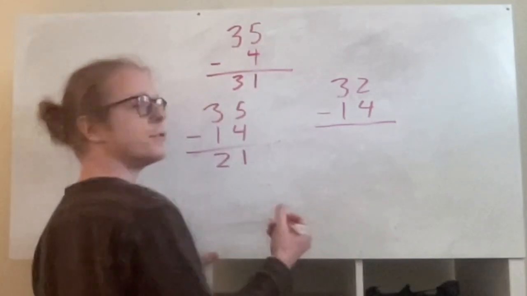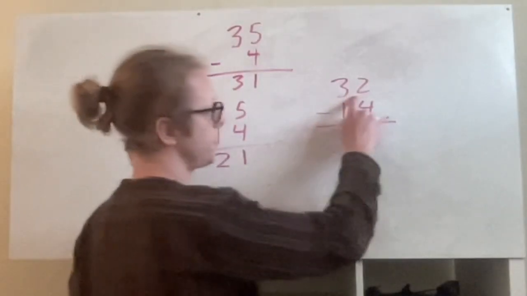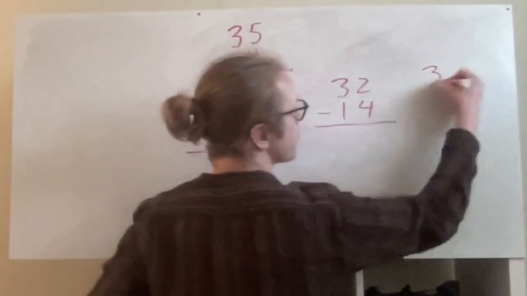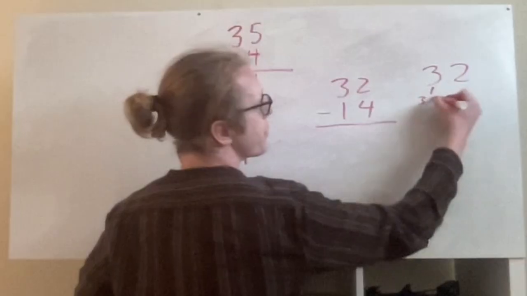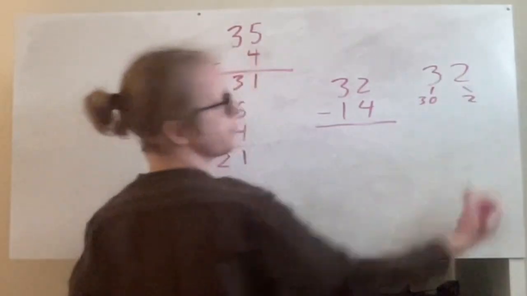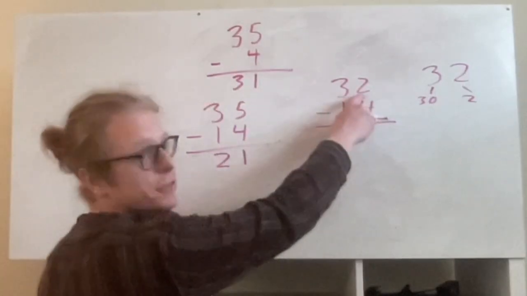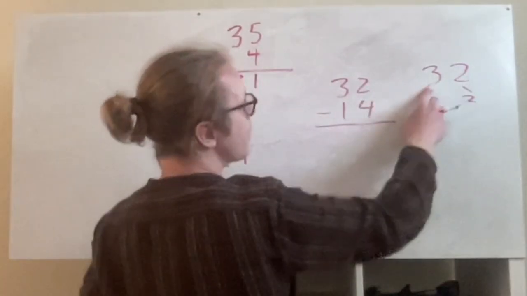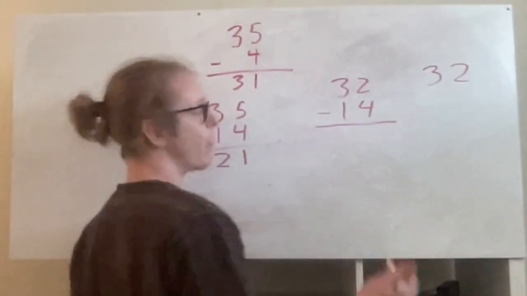And the way we're going to do that is we're going to decompose or break apart this 32. Right now, because we're dealing with place value, we're sort of just breaking this into a 30 and a 2. But that's not working for us. The 2 here is not enough. So how else could I break apart the 32? Well, I could break it apart however I want.